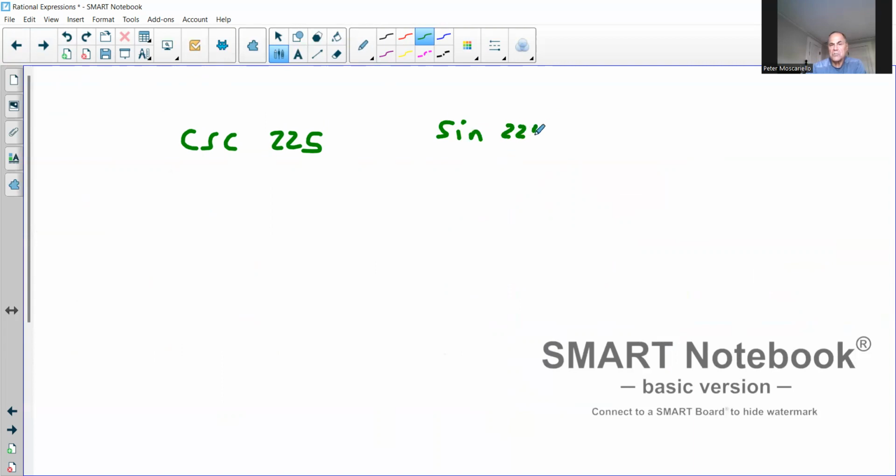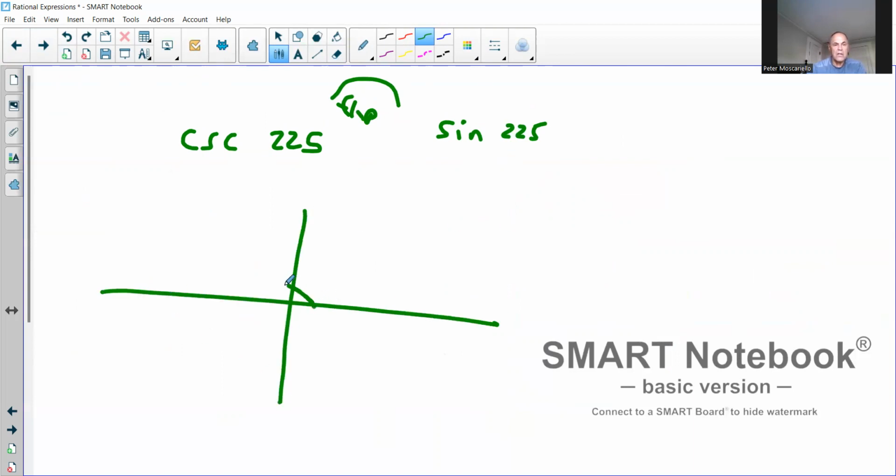So let's find sine 225, and then we'll just flip it to get cosecant. So sine 225. Here we go. We're past 180, we're here, right? So this is going to be 45, the reference angle. Yep, 180, 45 more. So sine 225 is plus or minus sine 45.